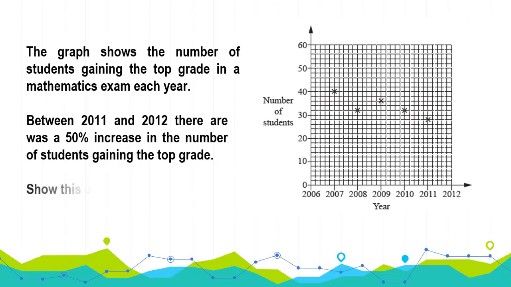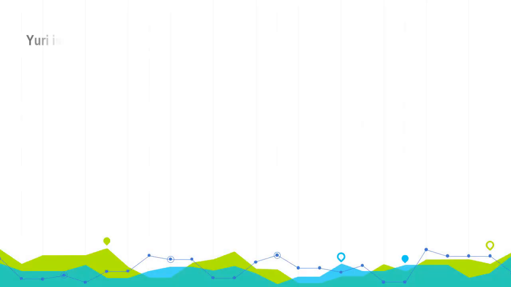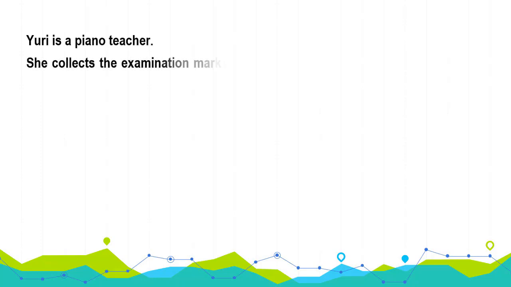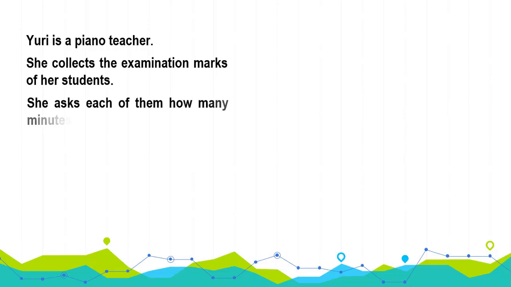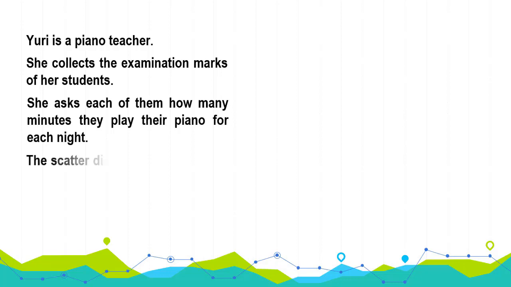Show this on the graph. Yuri is a piano teacher. She collects the examination marks of her students. She asks each of them how many minutes they play their piano for each night. The scatter diagram shows some of her data.